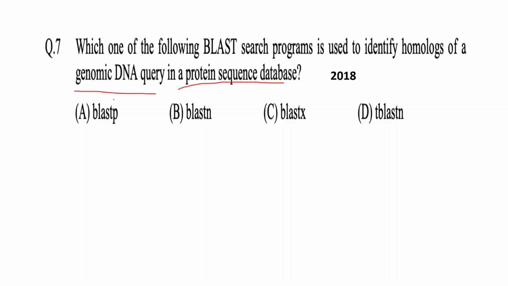We have seen that in BLASTP both things are protein, so it will not be the correct answer. BLASTN is nucleotide against nucleotide, so it is also not the correct answer.